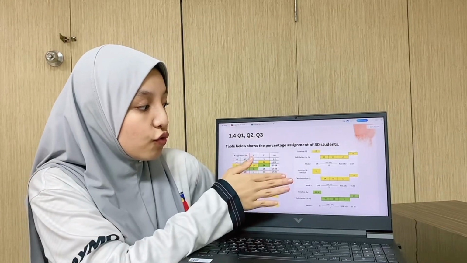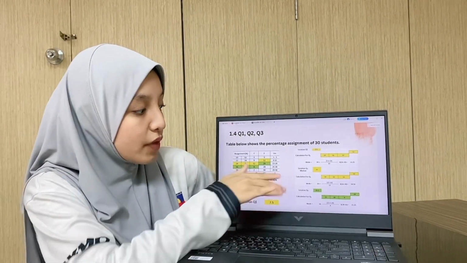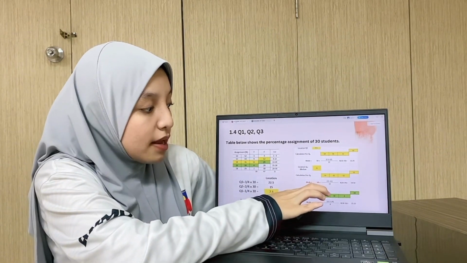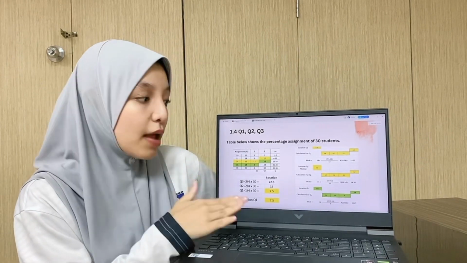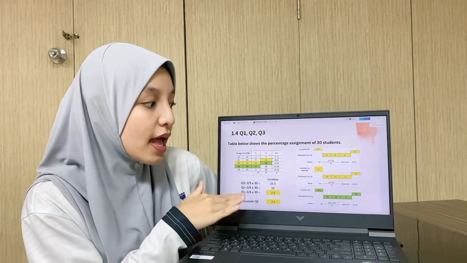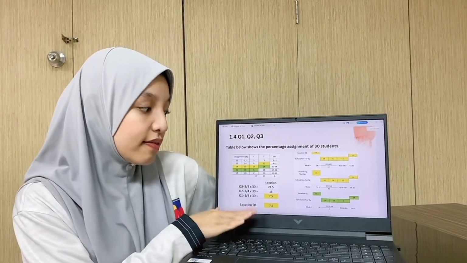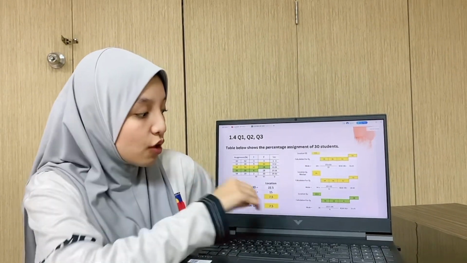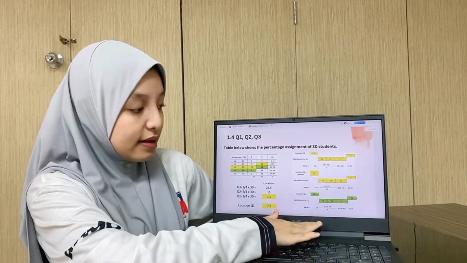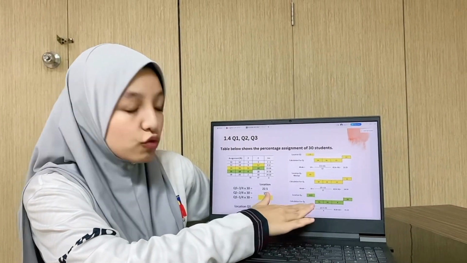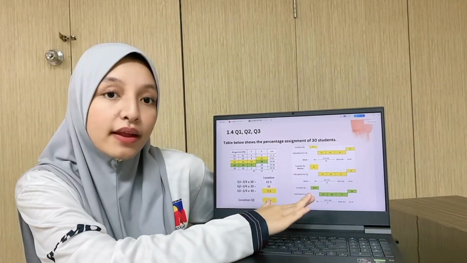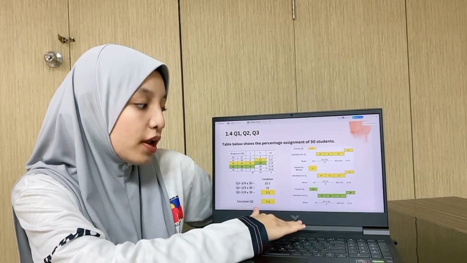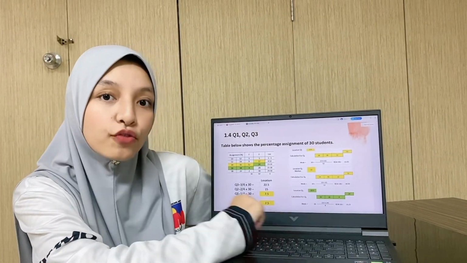For location Q2, which is 15 and it is the median, the calculation is 14 plus in the bracket 15 minus 12, and then divide by 12 times in the bracket 16 minus 14, and the result we got is 14.50. For the last one, which is Q3, is the same but we use the green table: 16 plus in the bracket 22.5 minus 24 divided by 4 times 18 minus 16, and the result we got for Q3 is 15.25.